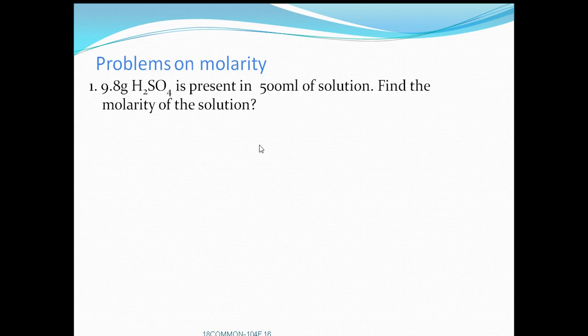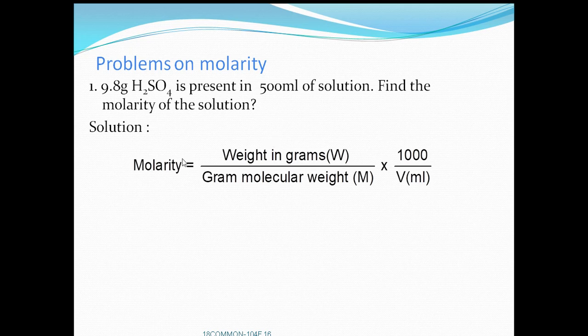So molarity, capital M equals W by GMW into 1000 by V, with V in milliliters, as just said.